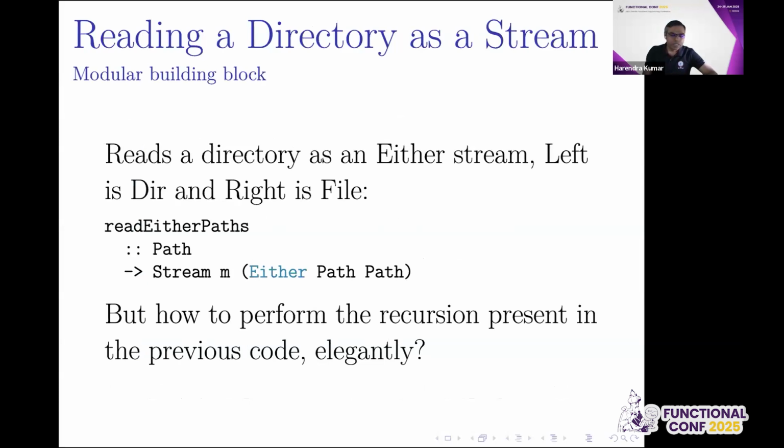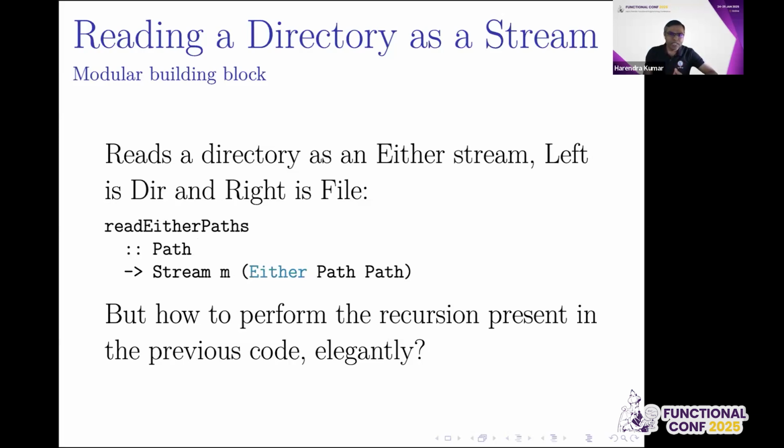Now, this low level program that we wrote, we'll build a modular building block from this, which is available in the Streamly library as readEitherPaths. It takes a path and it returns an Either stream. Left is a directory and the right is a file. The lefts are directories, rights are files.